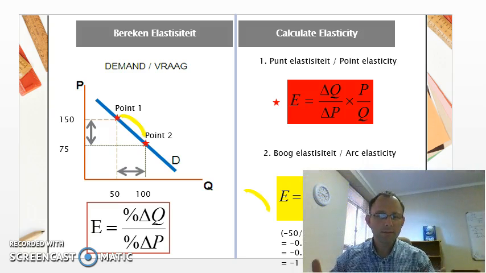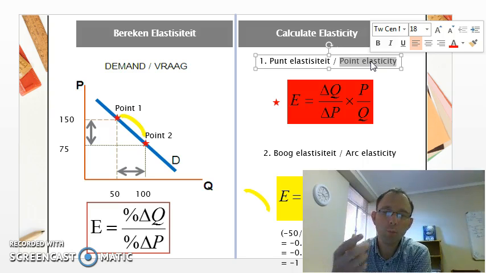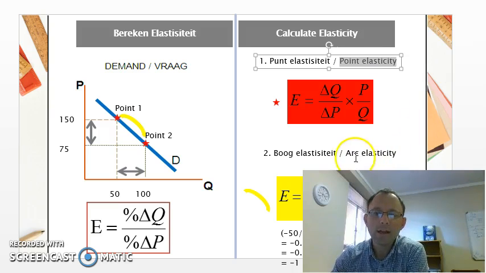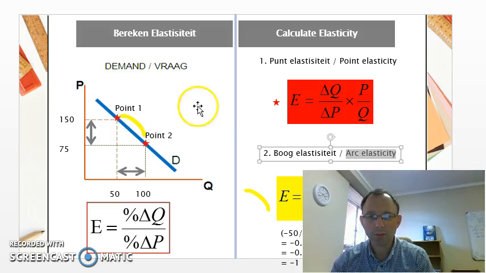Okay, so let's have a look at how we calculate it. How do we determine the elasticity? There are two formulas, or two methods. The first one is point elasticity. That's if you want to know the elasticity for a specific point on the demand curve itself. Or arc elasticity. With arc elasticity we are more concerned about the average elasticity between 2 points.